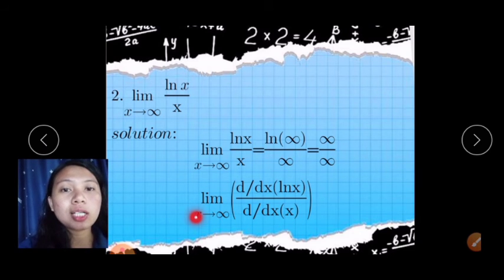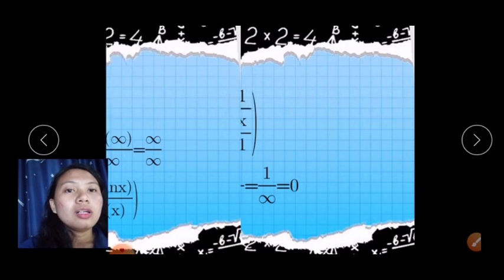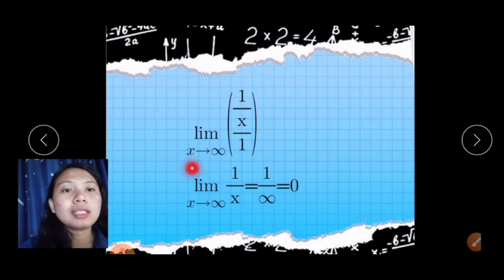So by using L'Hopital's rule, we have limit as x approaches infinity of d over dx ln x over d over dx x. So we have limit as x approaches infinity of 1 over x over 1. By simplifying, we have limit as x approaches infinity of 1 over x.